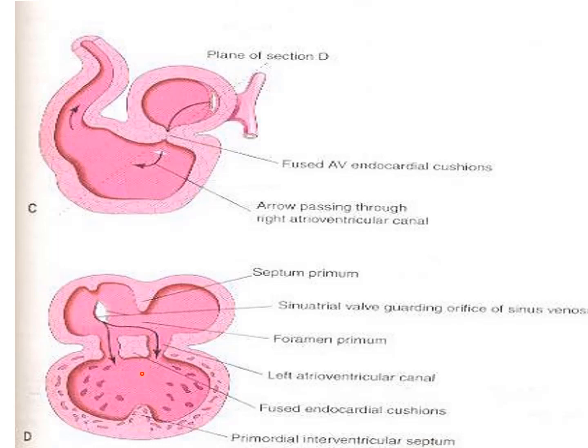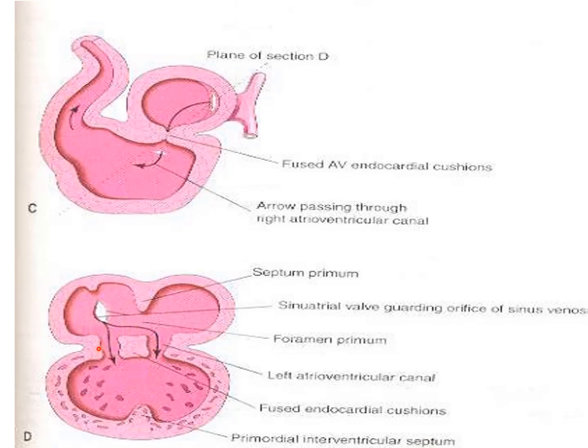If we look at this coronal section, you can see that these are the endocardial cushions, but as we mentioned, we get two openings, two canals for passage of blood, and this is the right atrioventricular canal and this is the left atrioventricular canal.